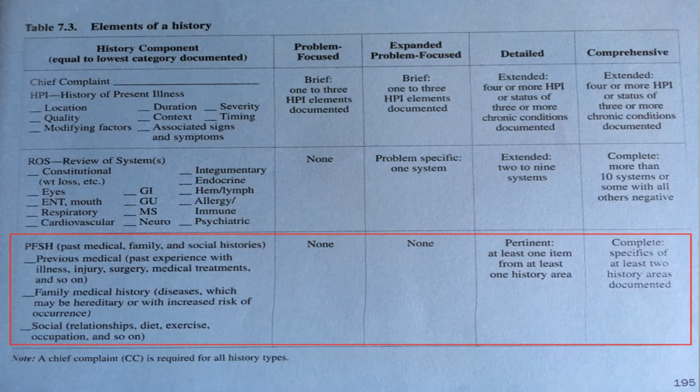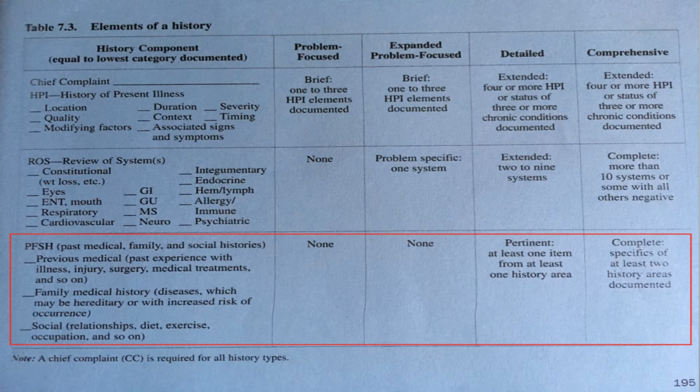The first level of that would be if they had at least one item from at least one history area. So if they had one previous medical item, or they just told you one family medical history item.